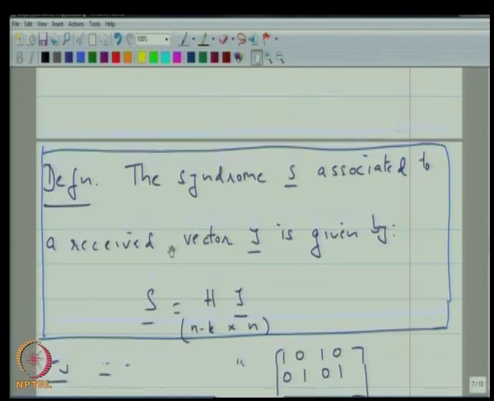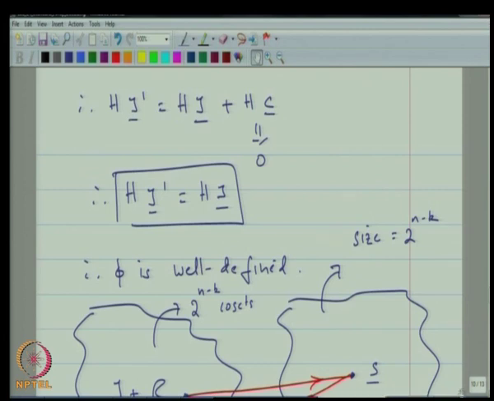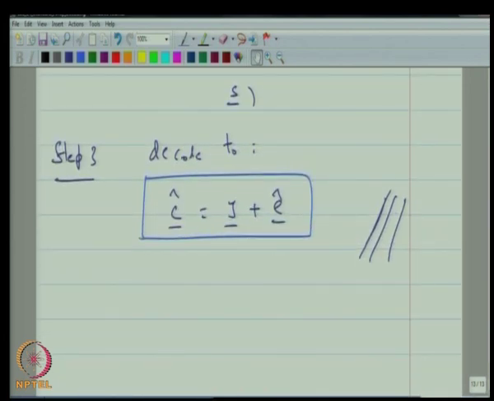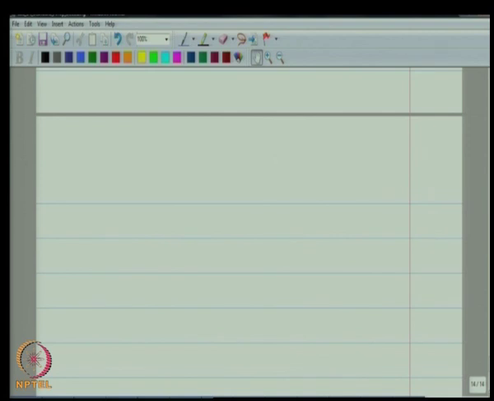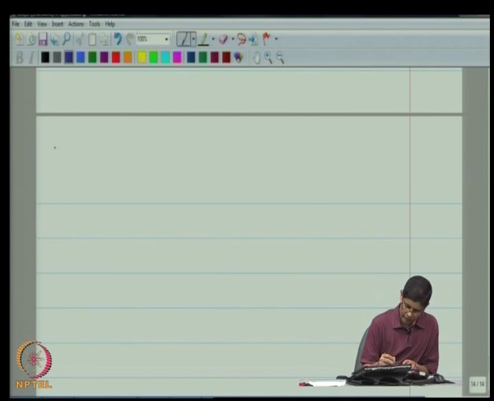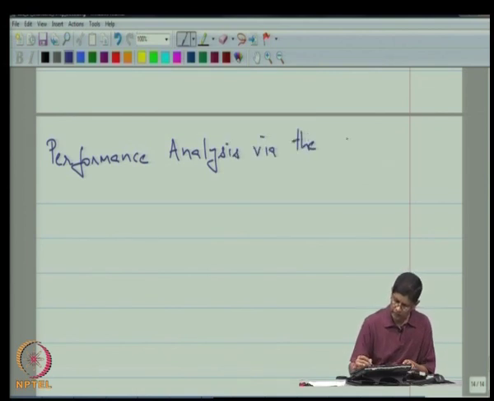So, that is our next topic: performance analysis via the standard array.